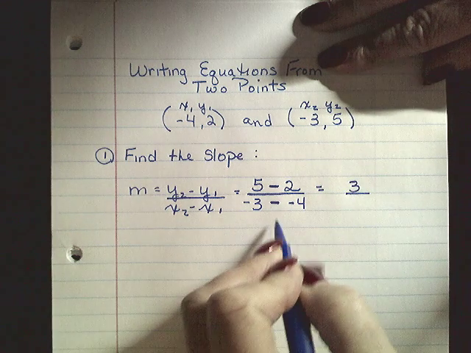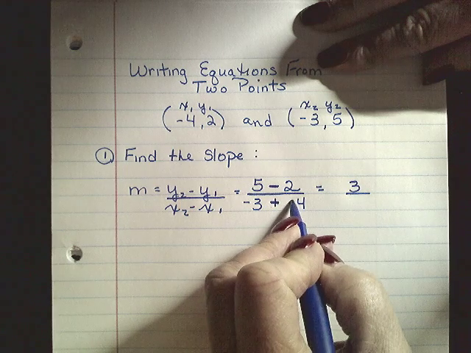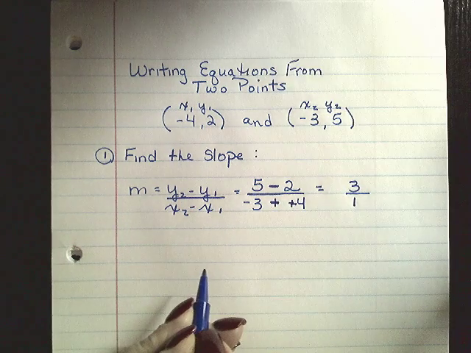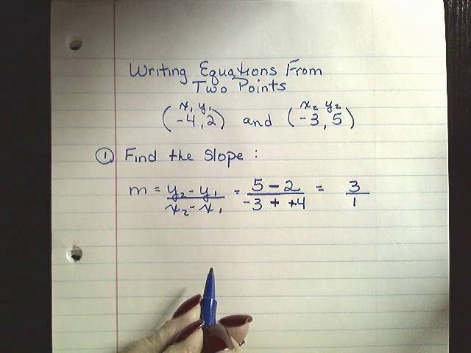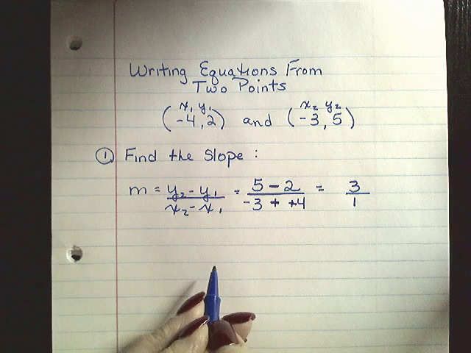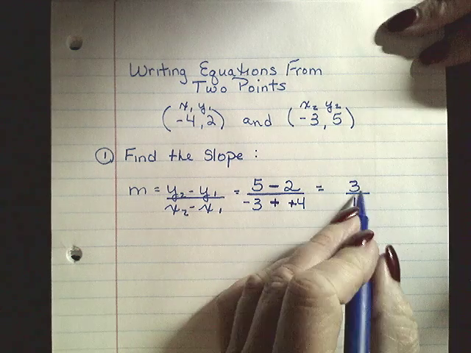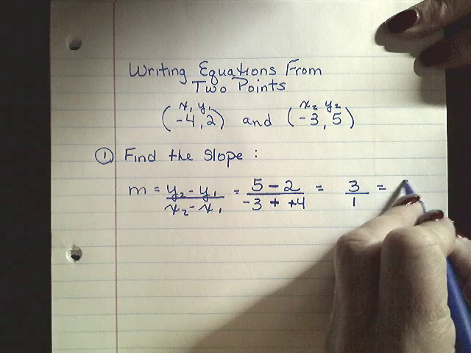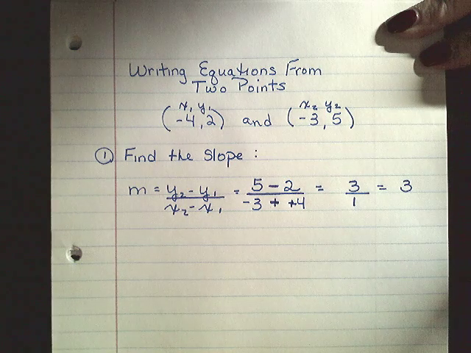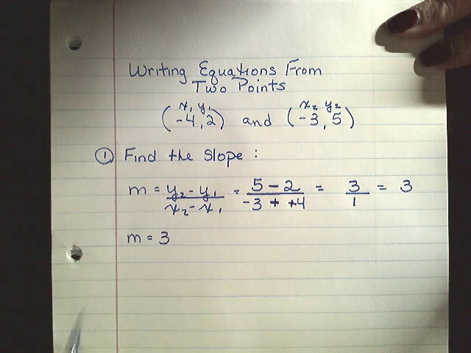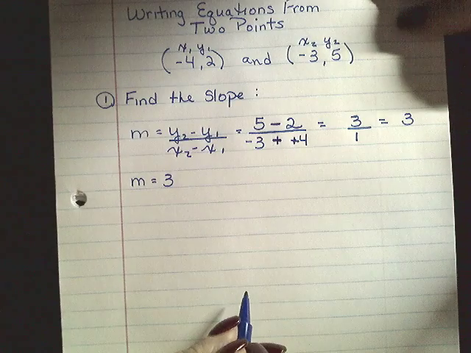Keep -3, change to addition, change to a +4, and that's going to equal 1. Okay, so 5 minus 2 is 3, -3 plus 4 is 1. So my slope is going to be 3. So m equals 3.